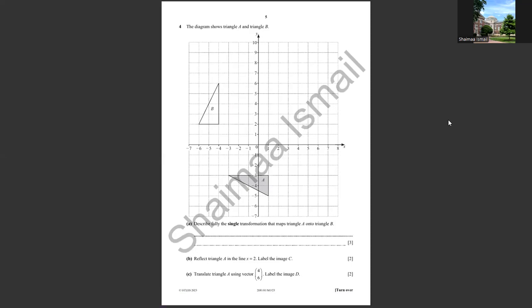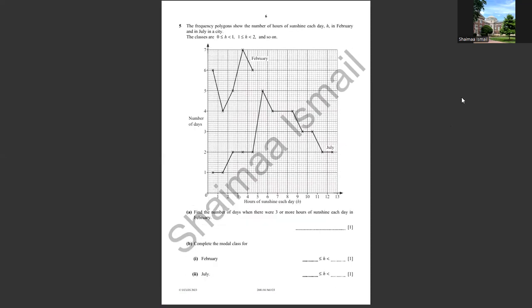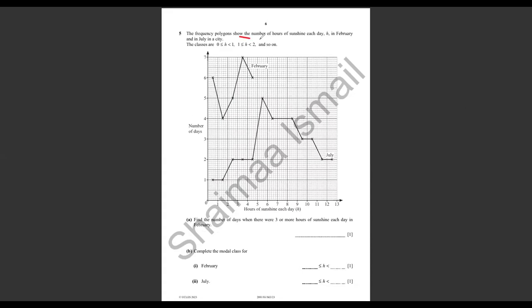Next, here we have statistics. The frequency diagram shows the numbers of hours of sunshine each day in February and July. February is about the end of winter and July is in the summer, so the numbers for sure in the summer will be greater than in the winter.